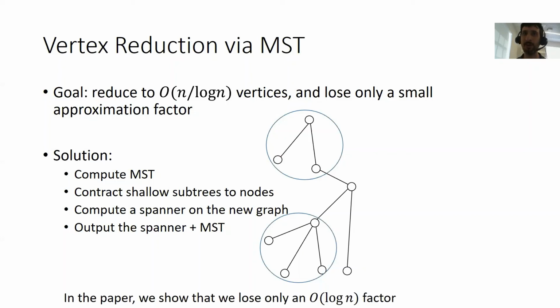And in the paper, we showed that this reduces to n over log n if we take the subtrees to have at least log n vertices inside them. And we show in the paper that we only lose an order of log n approximation factor. And this can be shown using very elementary properties of MST, such as the red rule.